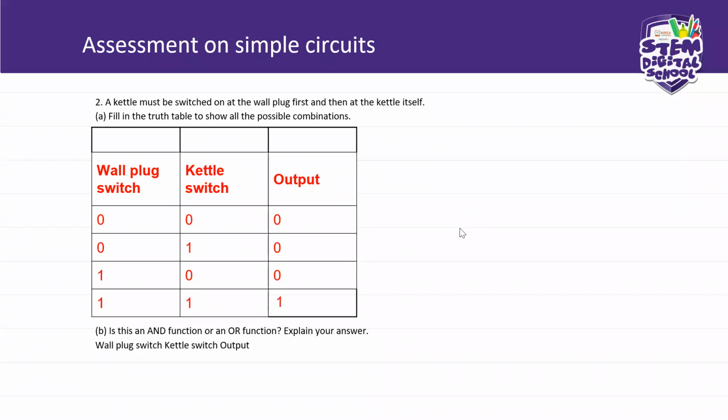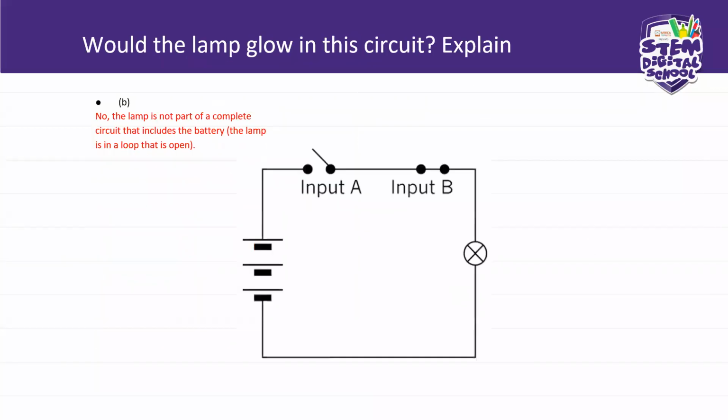An OR function is like the parallel connection. That parallel connection that we had in this circuit, where you have your light shining even if one of the switches is off.